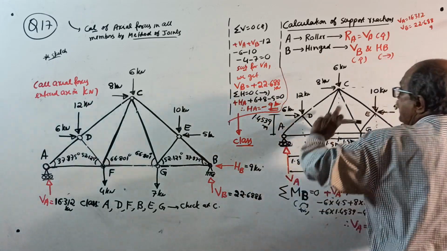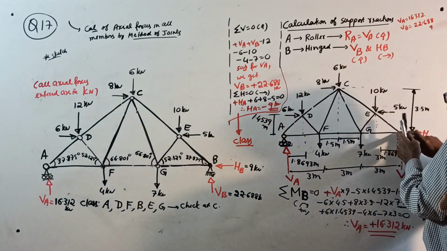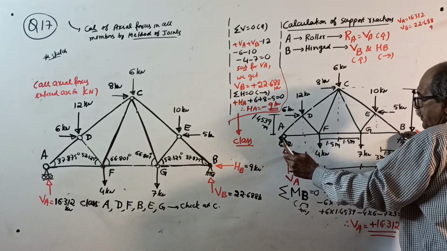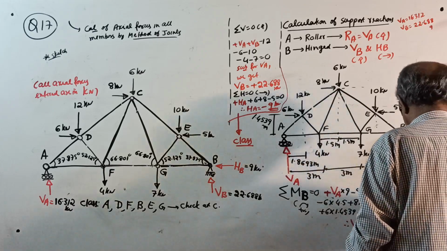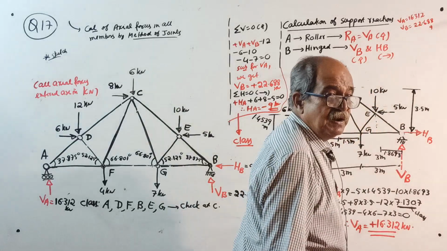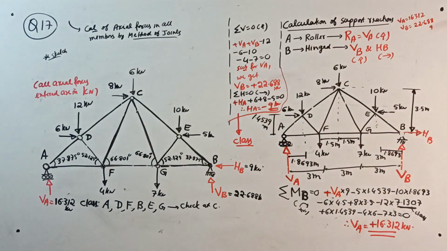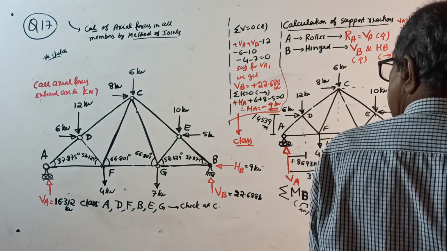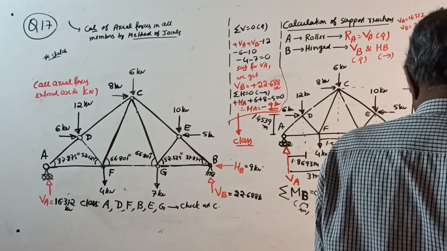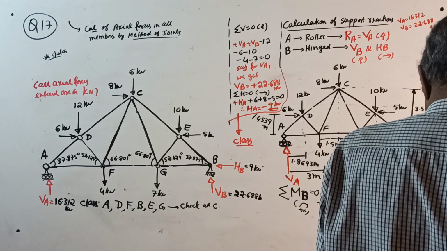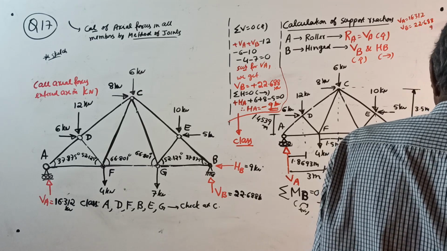Moment about B. Minus 12 into, from B up to here is 9 minus 1.8693. 9 minus 1.8693 is 7.1307. You want to check the answer. Correct actually. Calculator is not on. 9 minus 1.8693 is 7.1307.